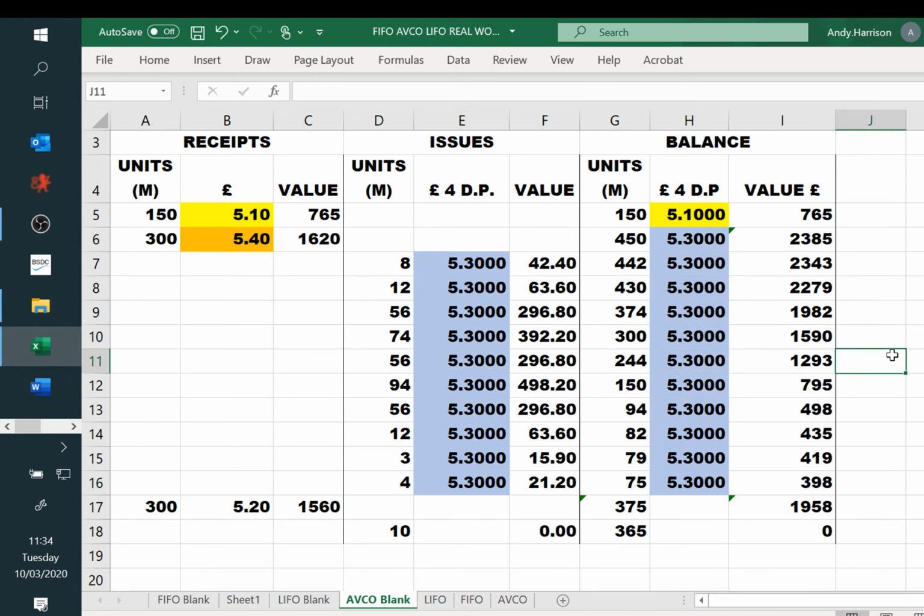And that won't change until we've got our new receipt, at which point we need a new AVCO, and that works out at £5.22. And then following the rules, all issues and balances will be at £5.22 until we get another delivery.